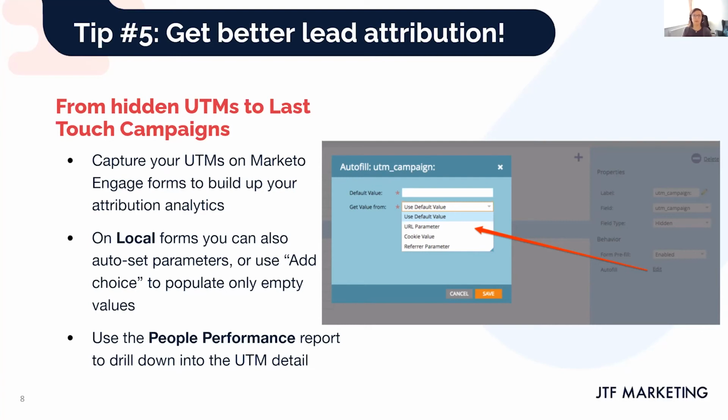So for example, if this was their last interaction, and it was never populated before, you can use the UTM information that you've already collected to populate this field. And lastly, you can use people performance reports to further drill down into the UTM details.